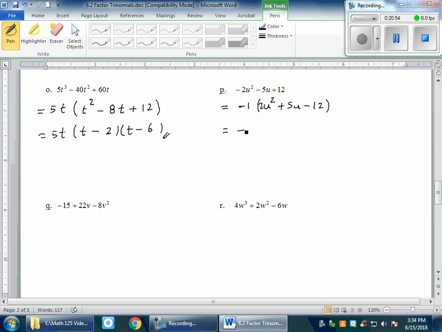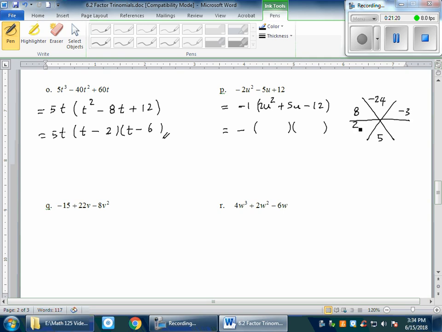Now we're going to use the technique that we learned to factor this, because the leading coefficient is not 1 anymore. So a times c, 2 times negative 12, will be negative 24, and we want to get positive 5. Which two numbers multiply to give negative 24 and add up to 5? That will be positive 8 and negative 3.